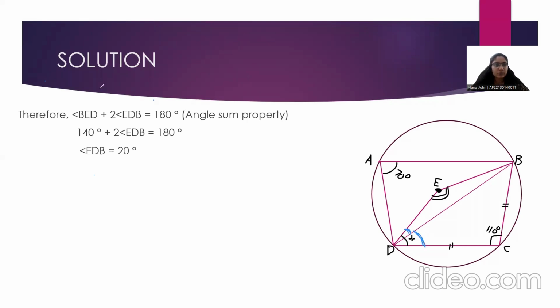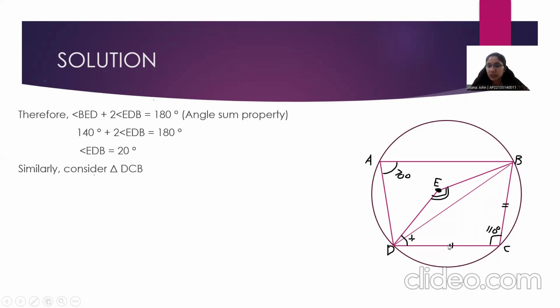For that, which triangle do we have to consider? Just observe and say which triangle we have to consider. Yes, we have to consider triangle DCB. Clearly this triangle is also an isosceles triangle because it was already given in the problem that these two sides are equal.